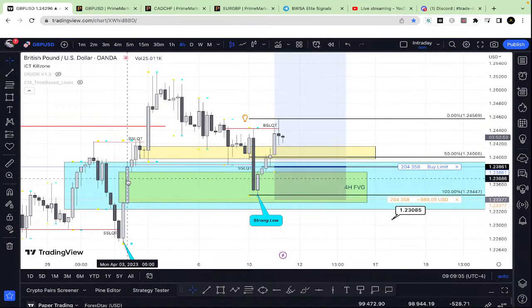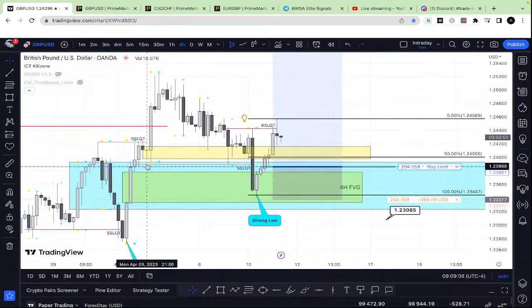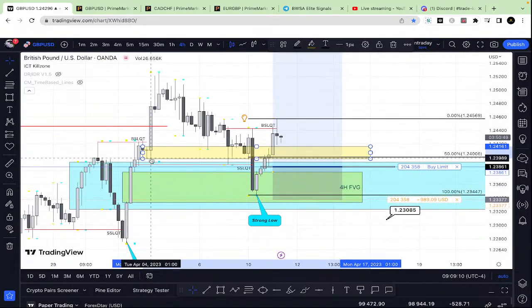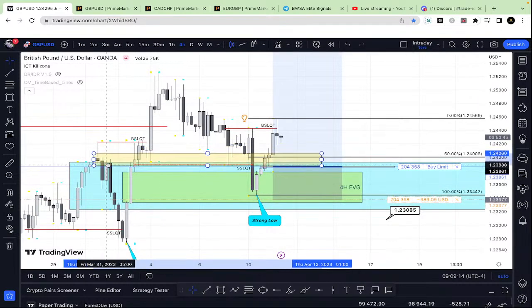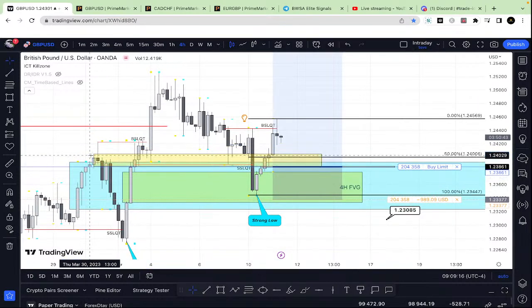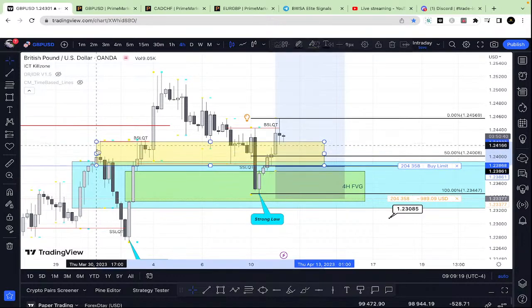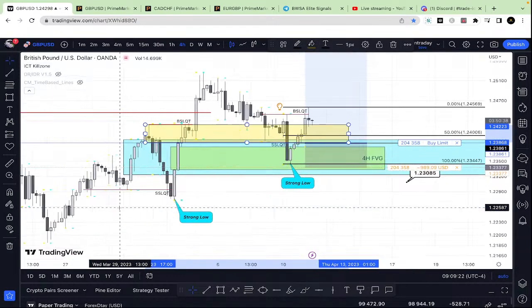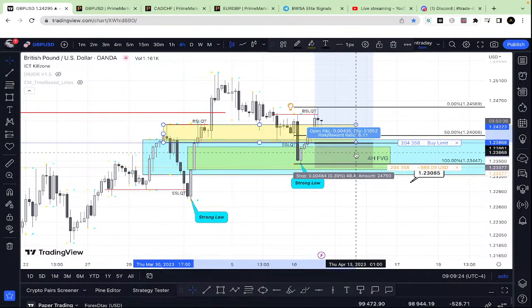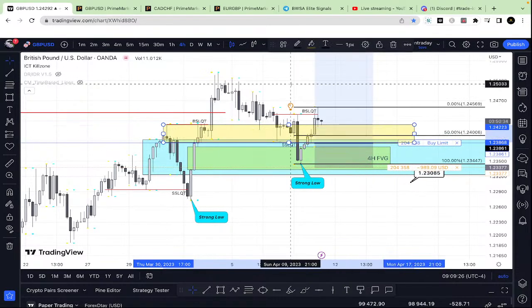Well, technically it wasn't. I can't say that it was. Bullish breaker would be right here. I had to think for a second. Bullish breaker would be right here because this is a failed dealing range for a bearish scenario. So bullish breaker would be technically right here.